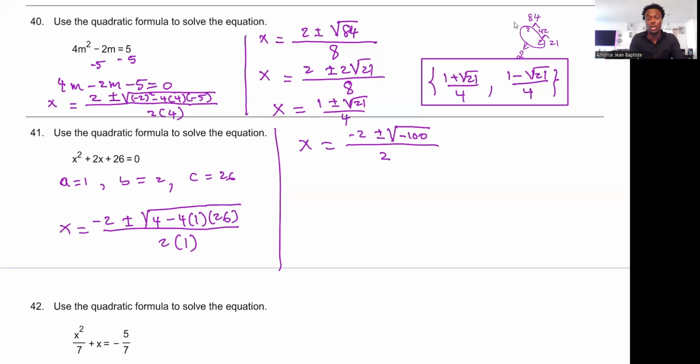Square root of negative 1 equals i. And then we know that square root of 100 is 10. So that is negative 2 plus or minus 10i over 2. Divide by 2. So your solution is negative 1 plus or minus 5i.